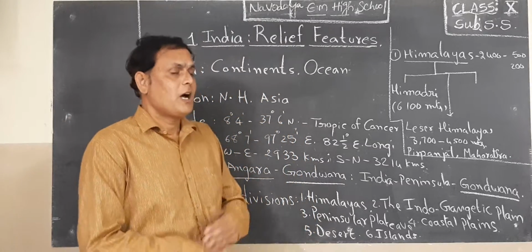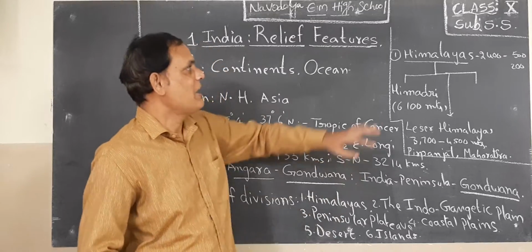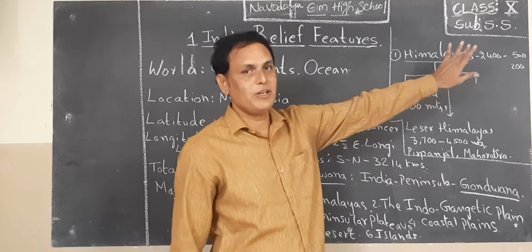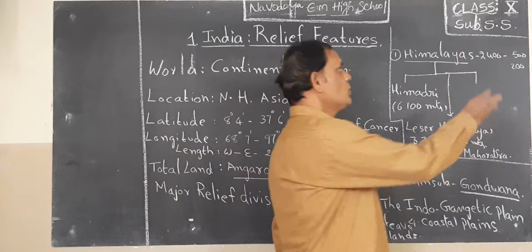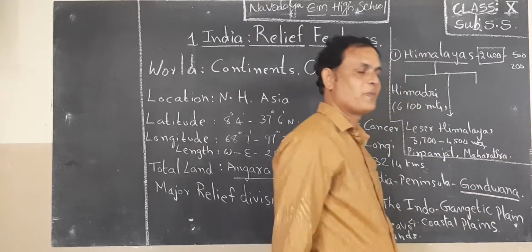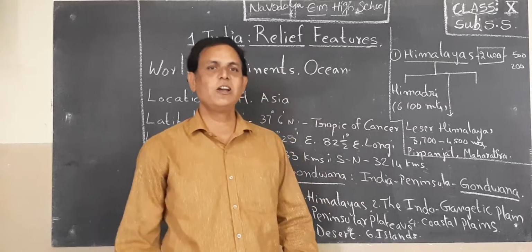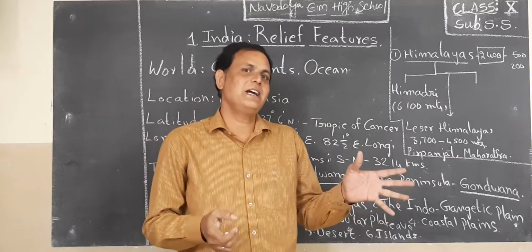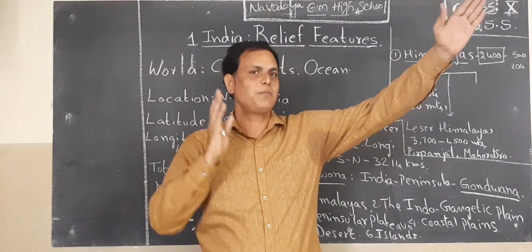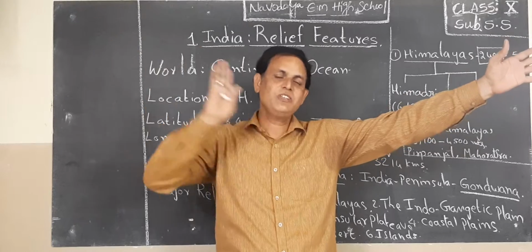Next one, I want to say a few words about Himalayas. Actually, what is the length of Himalayas? The length of Himalayas is 2,400 kilometers, children. They extend from Jammu and Kashmir to Arunachal Pradesh, from west to east.